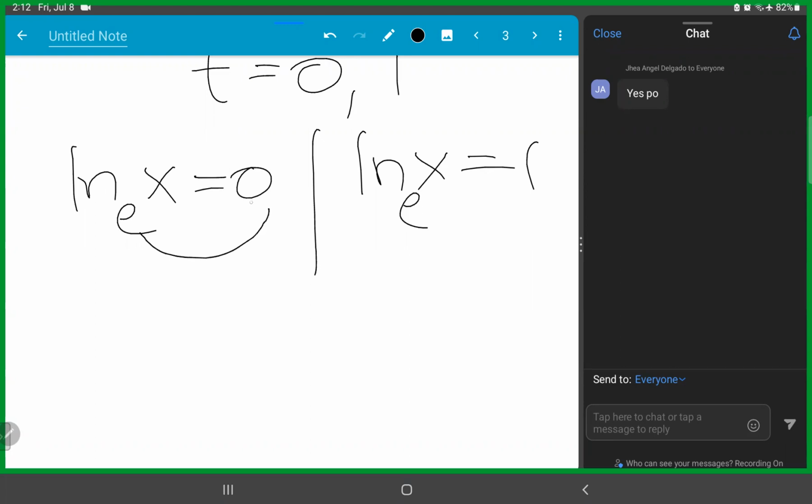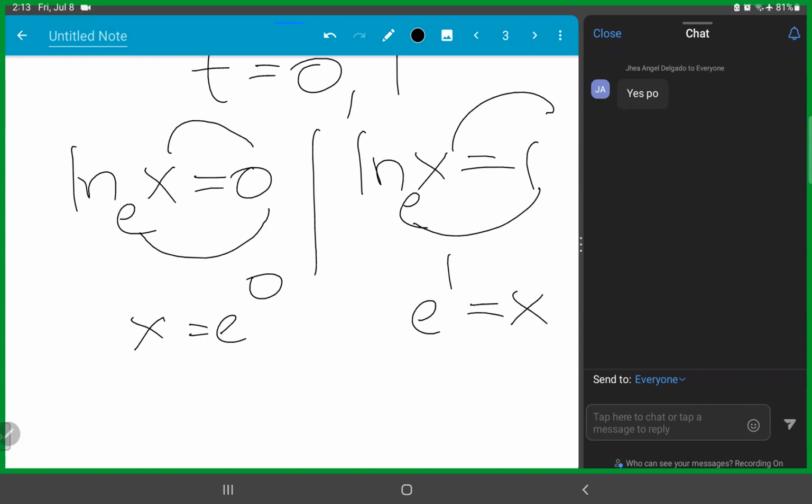So you will have e to the 0 equals x, or just x equals e to the 0. Similarly here, e to the 1 equals x, or simply x equals e to the 1.